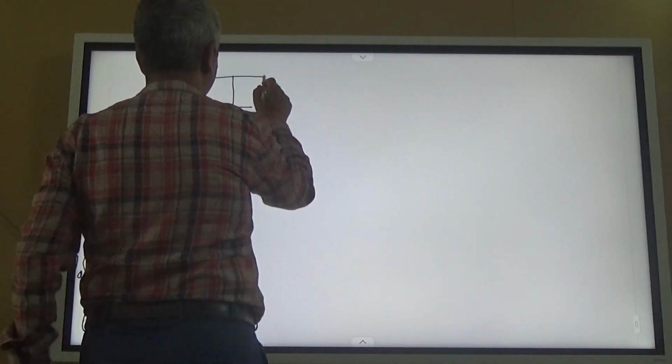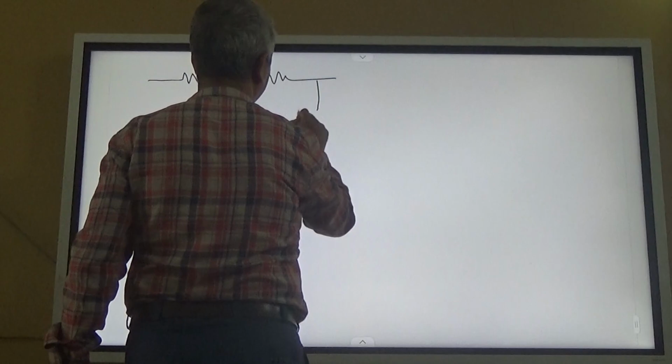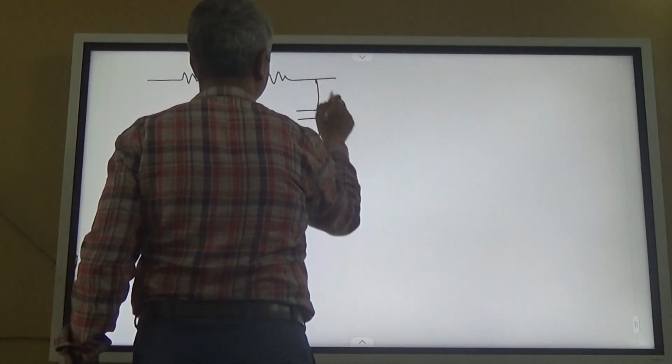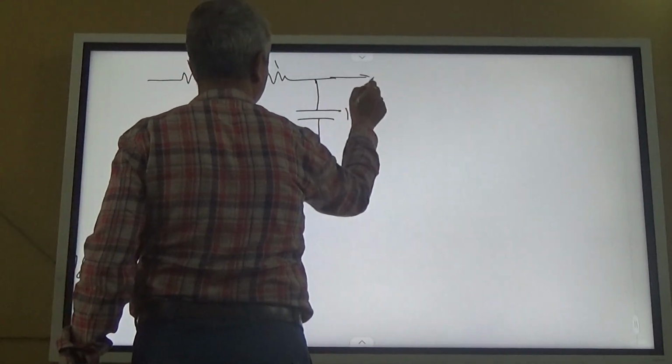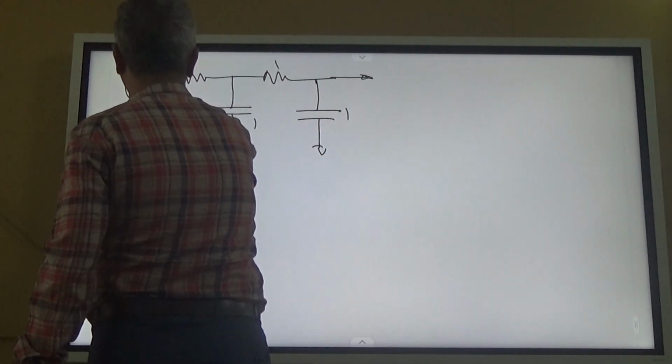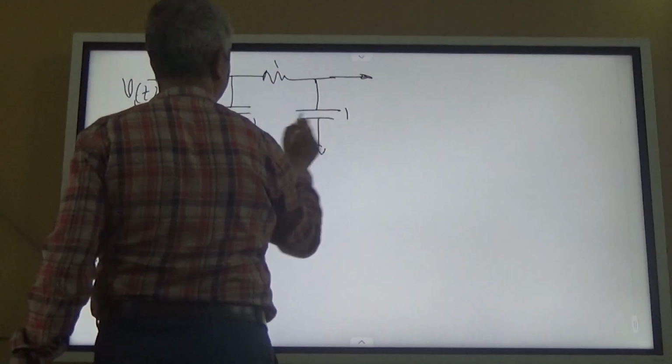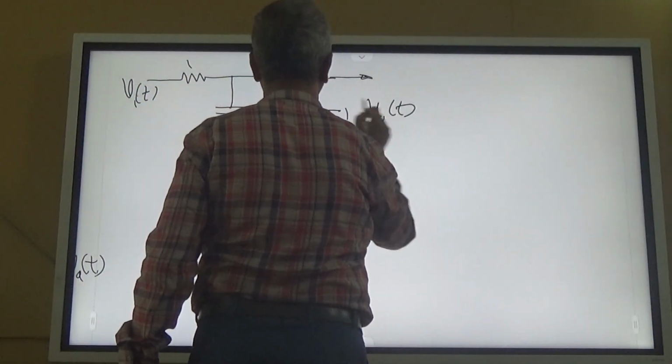So like that we proceed. The values are all 1 so that it is easy to calculate. VIN, VOT, I presume VAT.